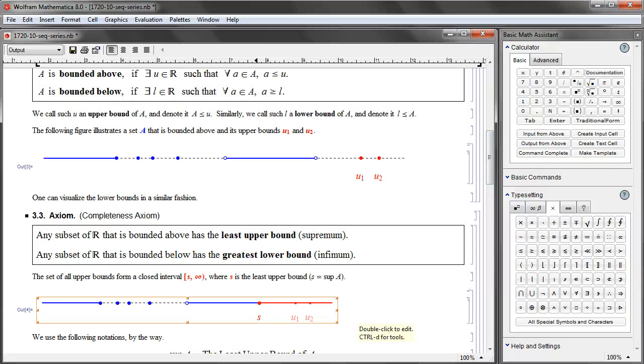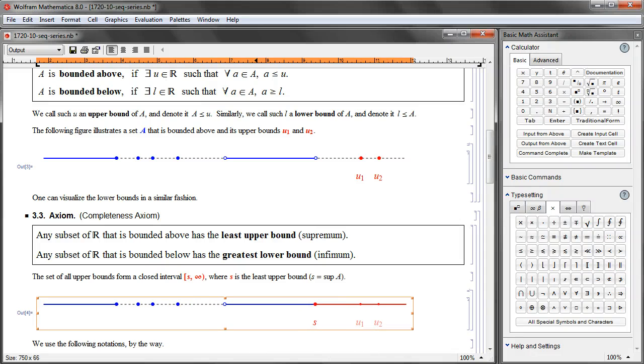Let me expand this picture too, so that you can see this thing just as easily as before. And u1 and u2 are upper bounds, yes, but there are many more. As a matter of fact, this red interval in the right-hand side represents the set of all upper bounds. And that set has the smallest element, s. And that is called the least upper bound.